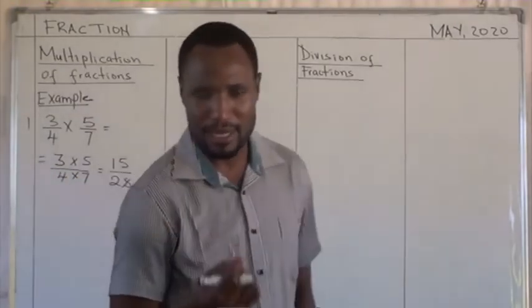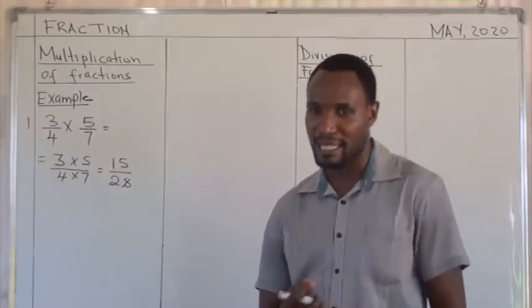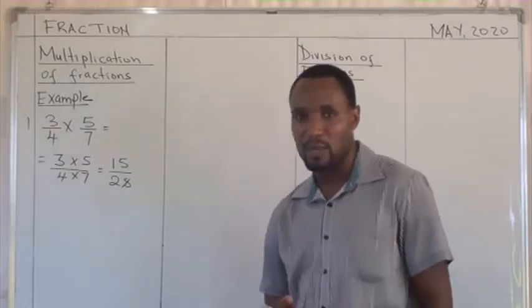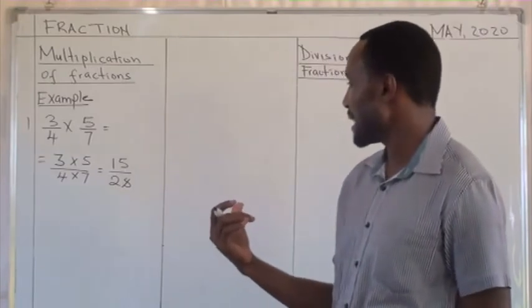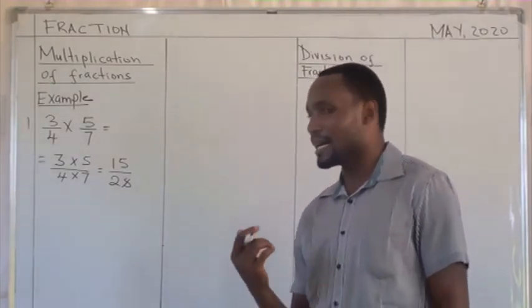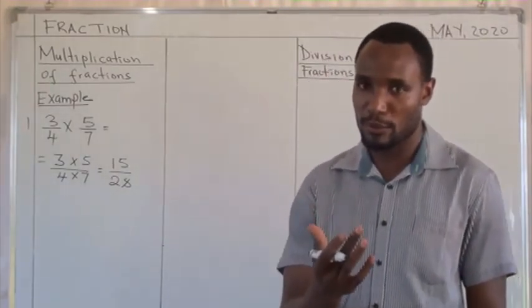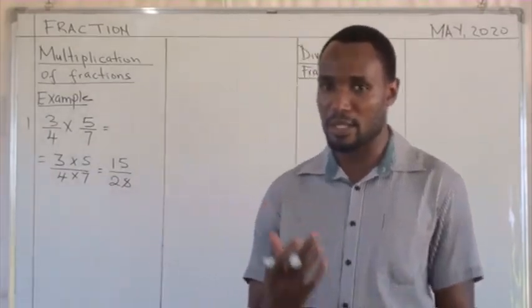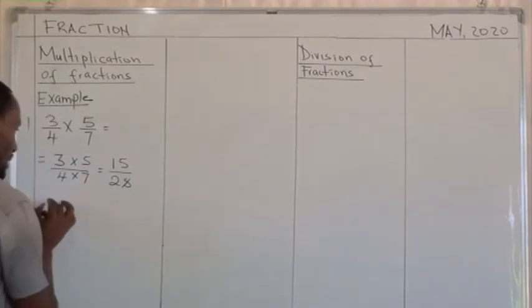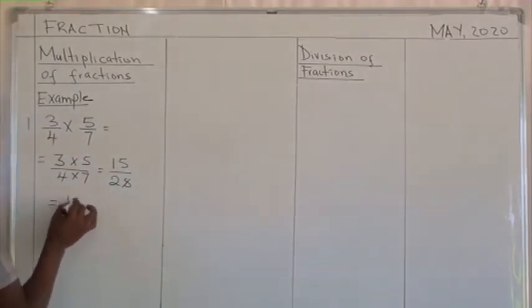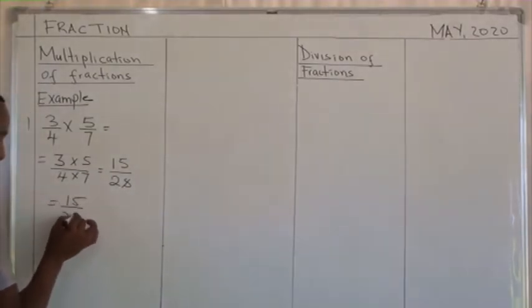Do they have any common factor? I believe no, because 15 can be divided by 3 and 5, and 28 can be divided by 2, 4, 7, and so on. So there is no common divisor between them. So we just write our answer as 15 over 28.